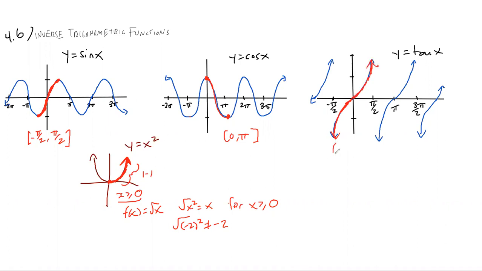And that one will actually be an open interval, -π/2 to π/2, only because it's undefined at those endpoints. So those are the restricted domains that we have for these functions. What the inverse functions are going to do is map us back into those domains.